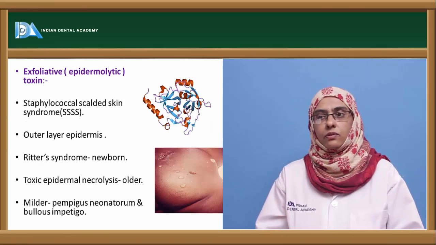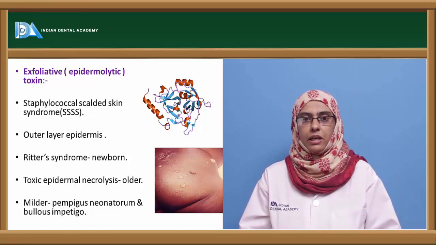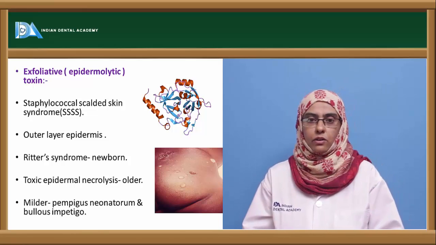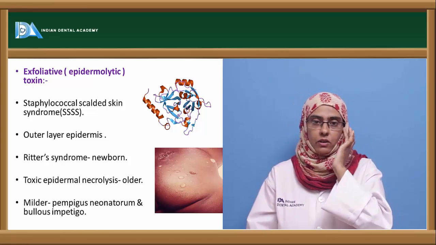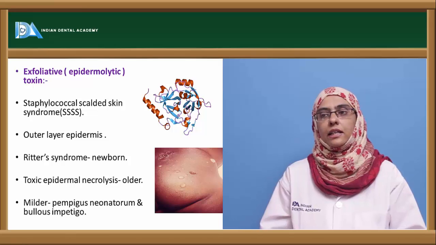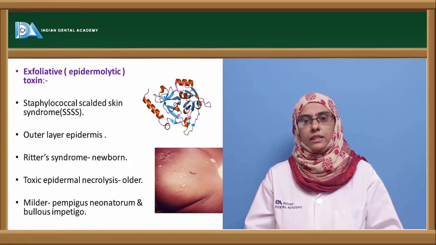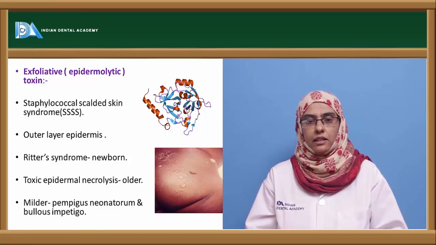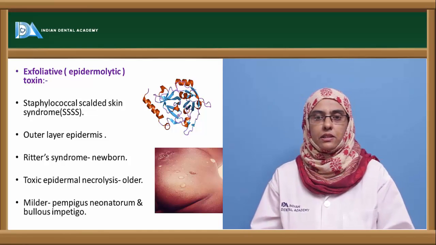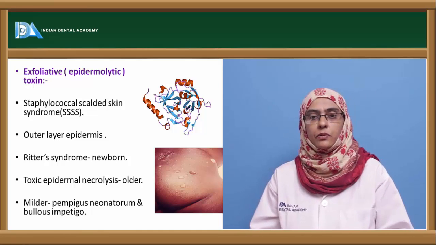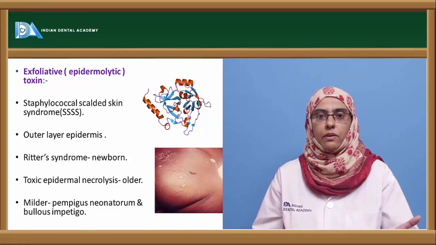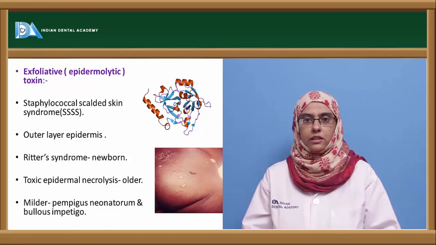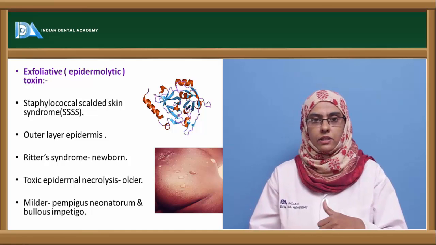Next is the exfoliative epidermolytic toxin, also called exfoliatin. This is the one that causes staphylococcal scalded skin syndrome, called SSSS. In the case of this patient, the toxin separates the upper layer of the epidermis from the underlying dermal layers.